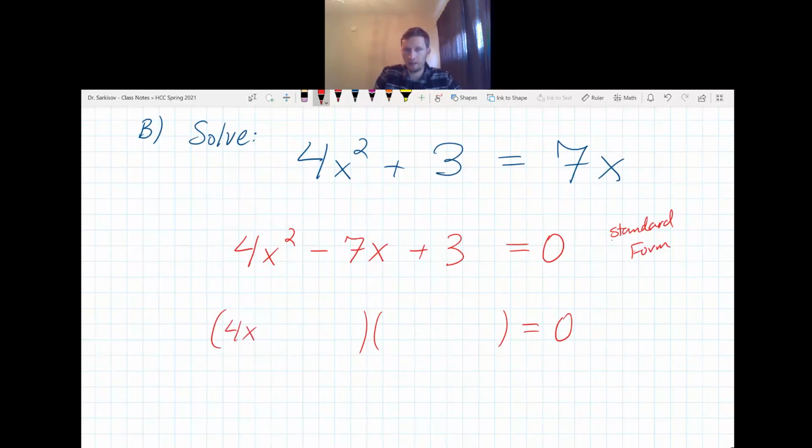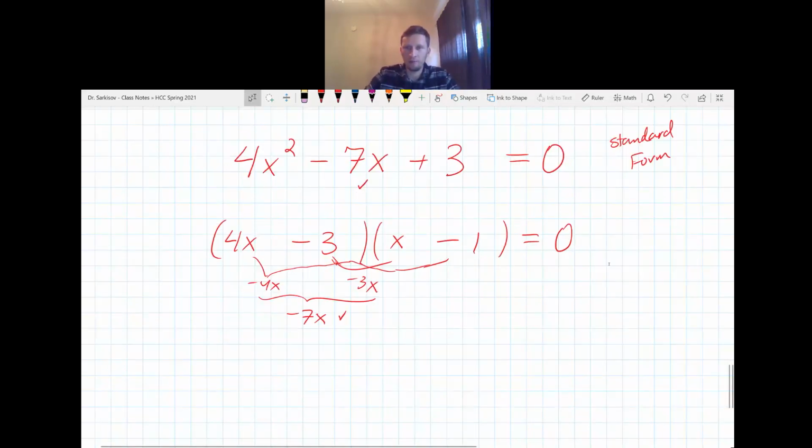It's 4x and x. Otherwise, you get an even number here. And if you try really hard, a minus 3 and a minus 1 will give you the plus 3 there. And that's going to be a minus 3x minus 4x, and putting this together, that's exactly minus 7x, which is what you want here, right? It's working. I've factored it.